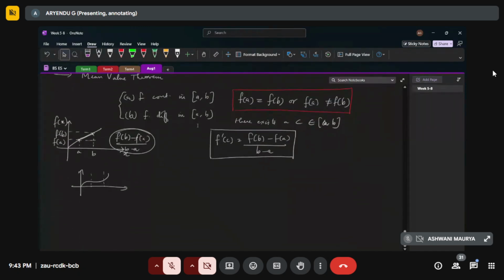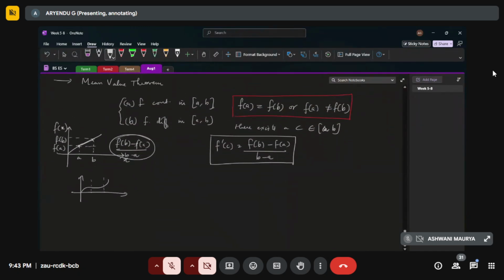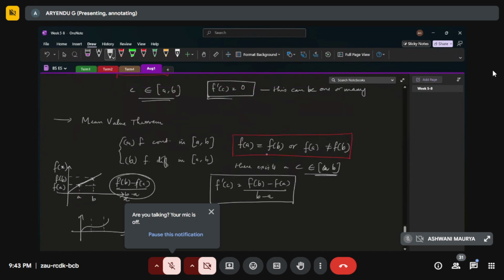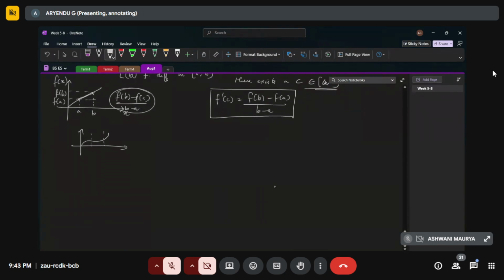But mean value theorem says that as long as these conditions are satisfied, there exists a C between A and B such that f dash of C is equal to f of B minus f of A by B minus A. So here the slope is 0. Here we are calculating the slope as per the values given. Okay, so these are two theorems that we have to understand.